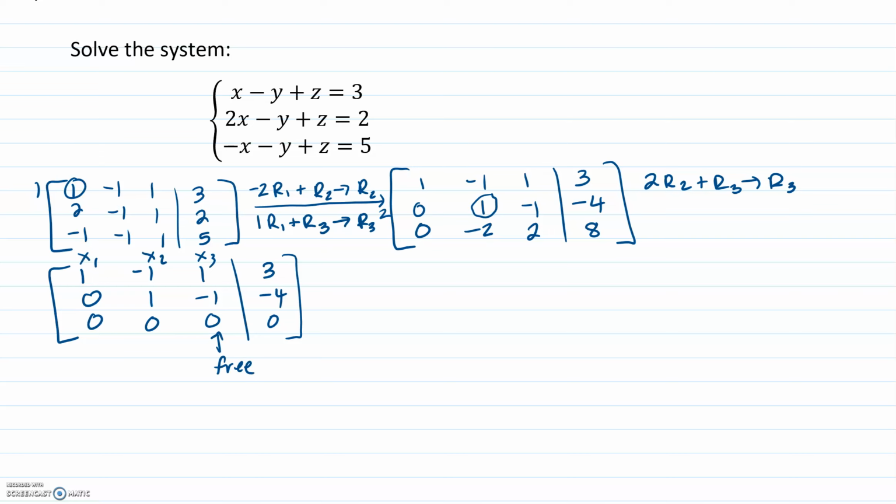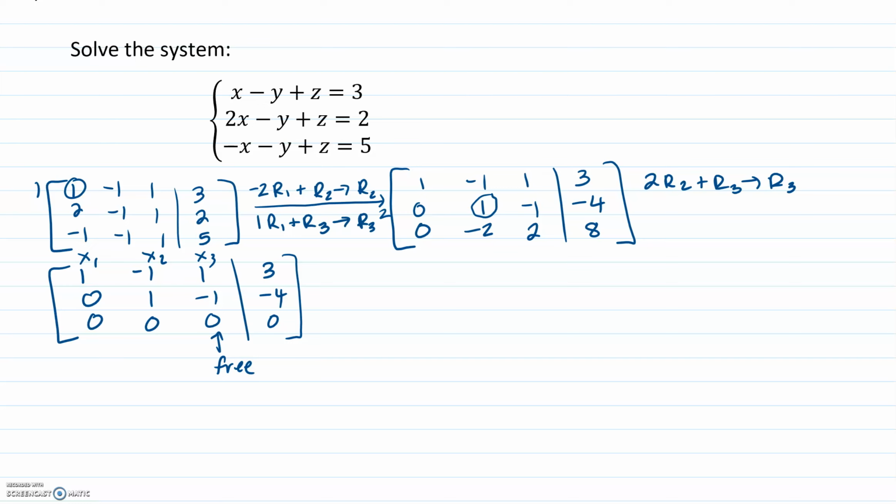If I try to write it like this and not get it in reduced echelon form, it's going to be a little bit ugly because you would take x2, that's fine, but then this one is going to be in terms of x2 and x3. So you would have to substitute your answer from your second row and put it into your first row.